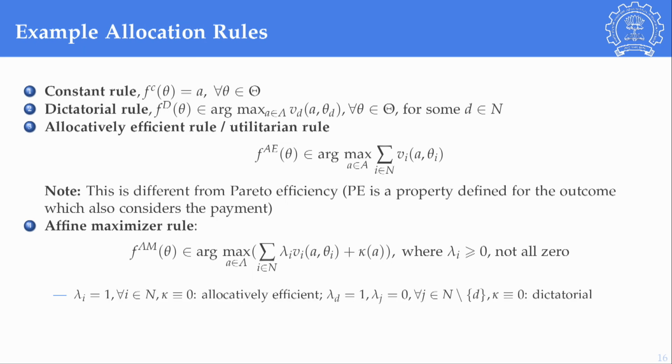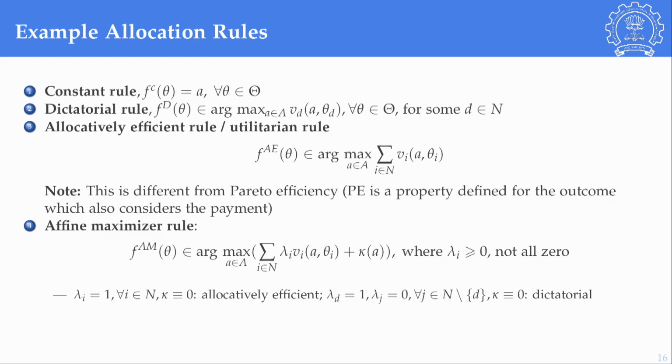You can define many such things. One interesting observation to make is that when you have all these weights to be the same and kappa to be exactly equal to 0, then you get back the allocatively efficient rule. This is fairly simple to observe.